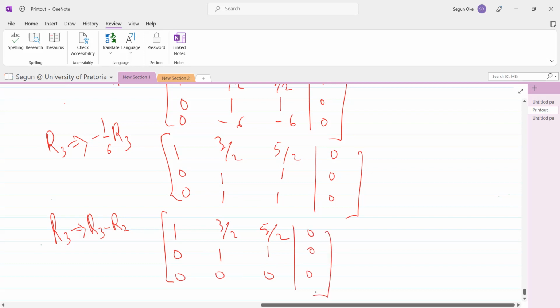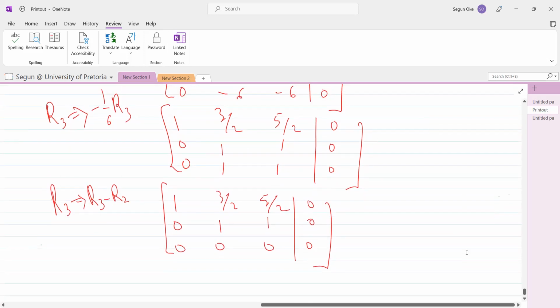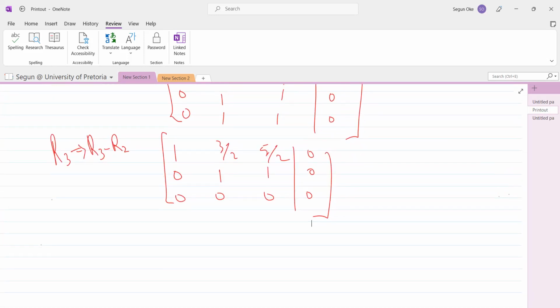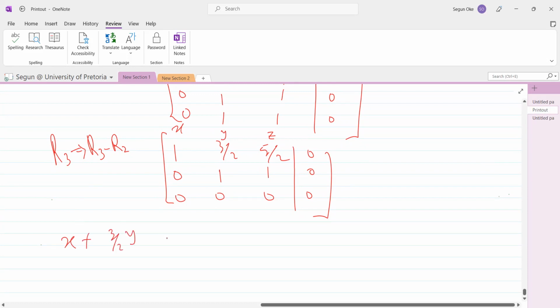So at the end of the day, our equation will be what? Let's say X, Y, Z. So we have X plus 3/2 Y plus 5/2 Z equals 0.